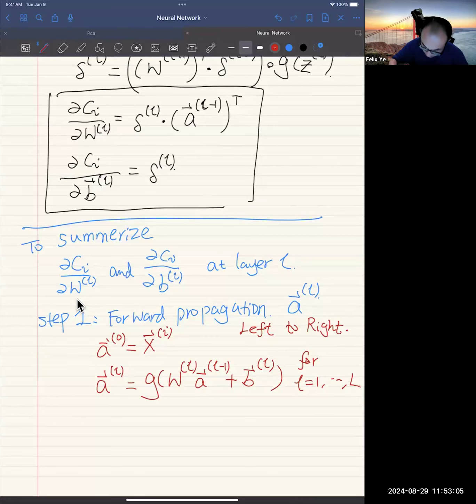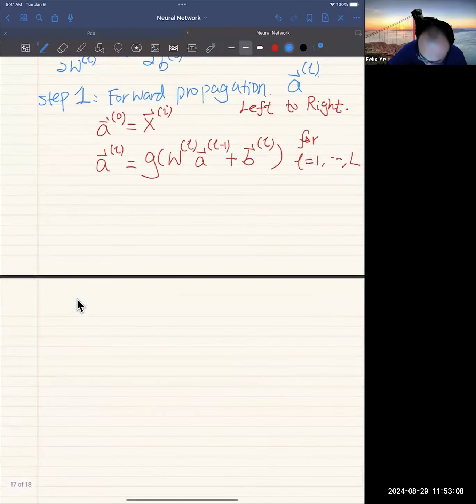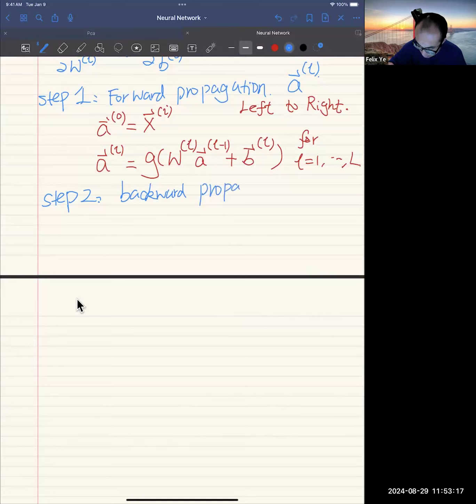So then step 2, backward propagate. So you calculate the delta. You start with delta capital L, which is equal to partial C_i, partial A_L, so this is generic, entry-wise product with g prime of Z_L.